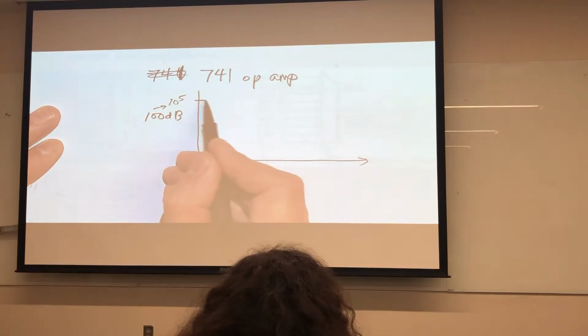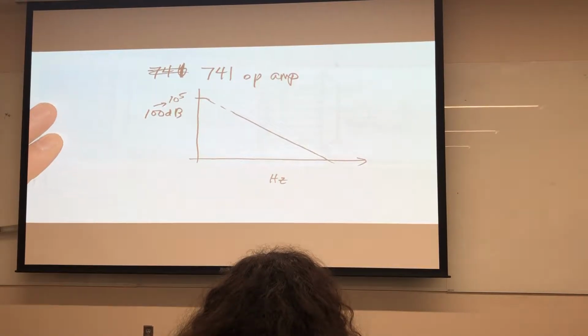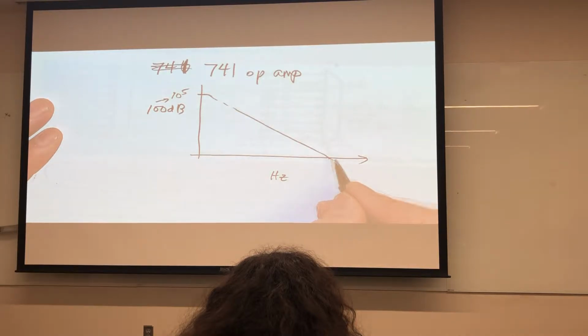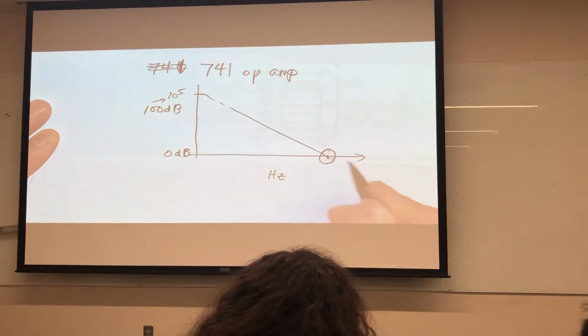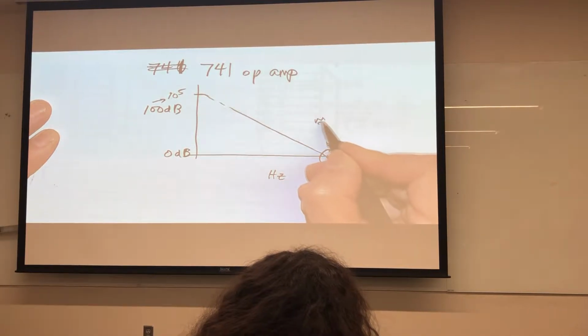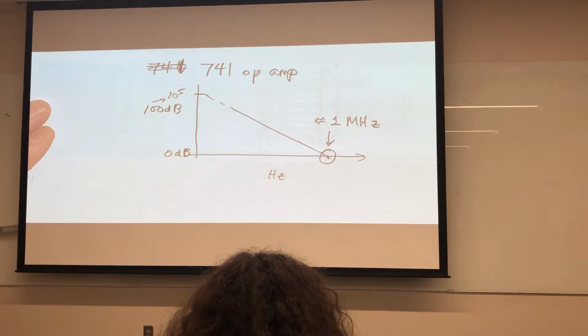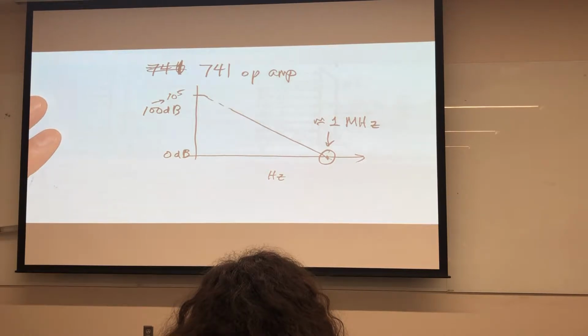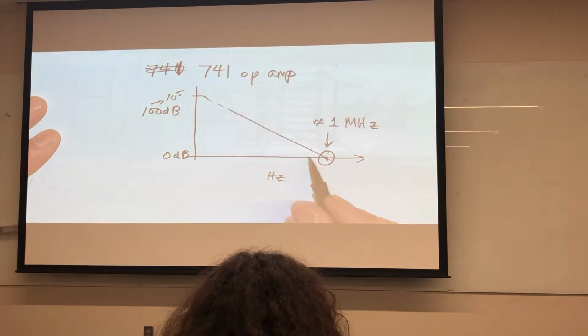And then it immediately starts rolling off and comes down like this. Where it hits 0 dB right here, this is on the order of 1 megahertz, roughly. This is where the gain has come down to 1.